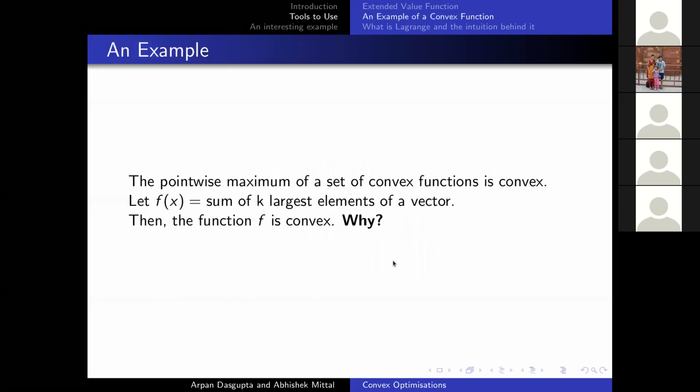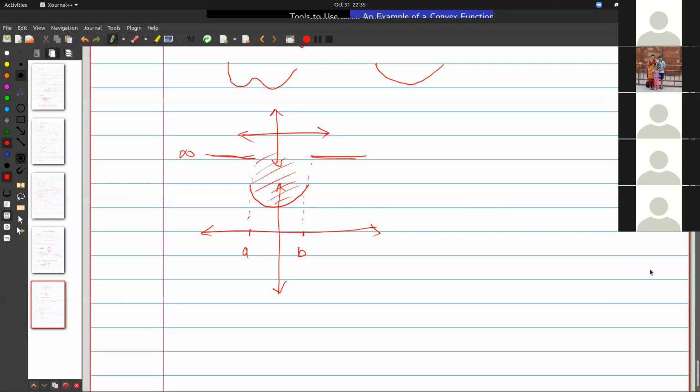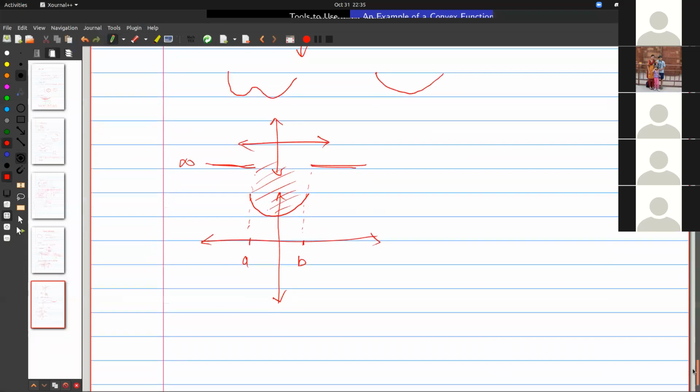Next, we'll go on to an example of a convex function. This is a very interesting example because it is not clear at first glance how this would be a convex function. So first I'll show you how a pointwise maximum of convex functions is also convex.